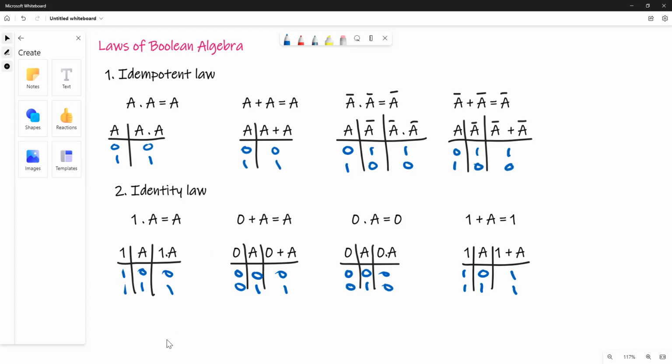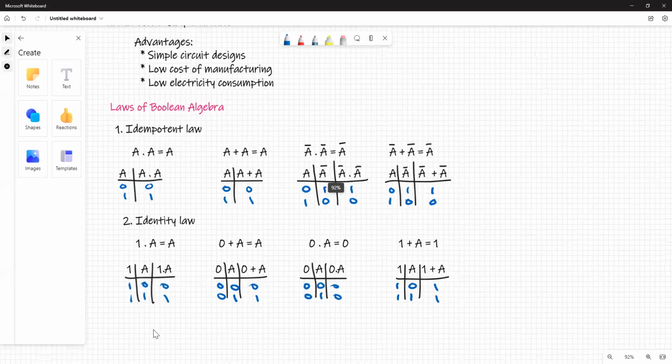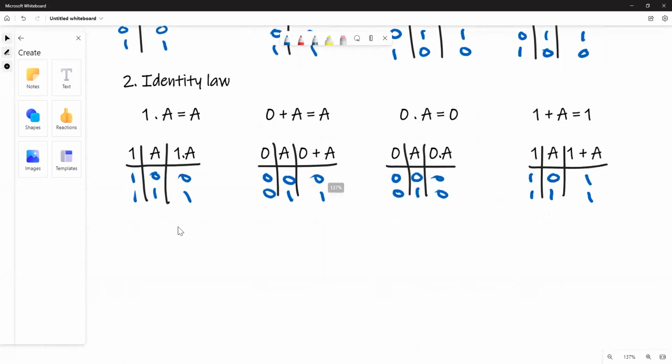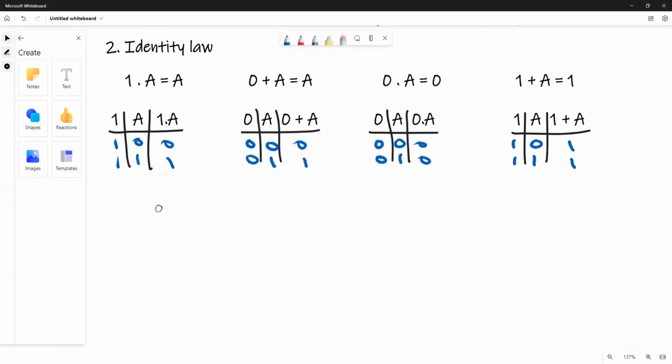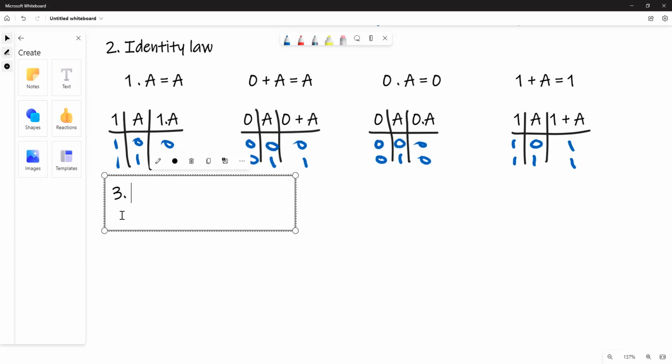So let's move to the third one. Third law, we can say inverse or complement. Right.